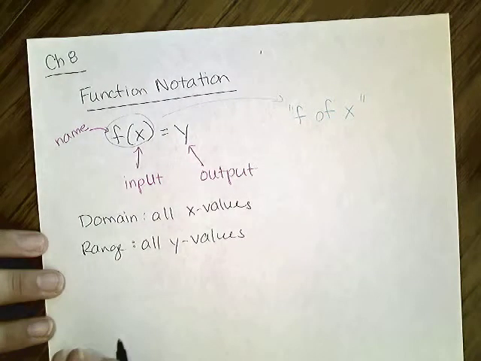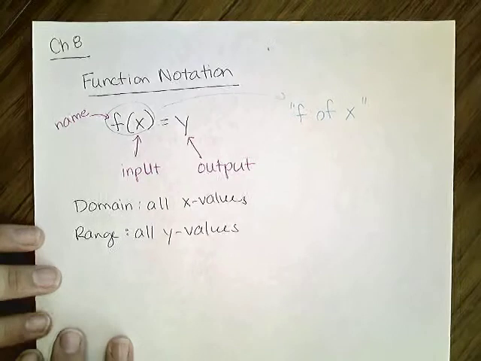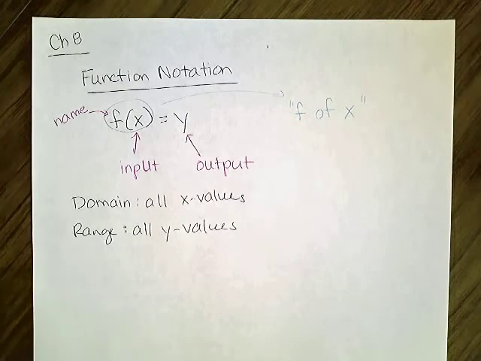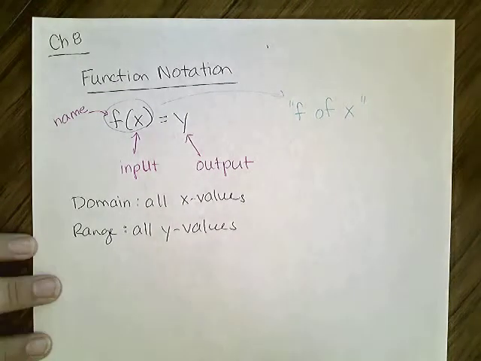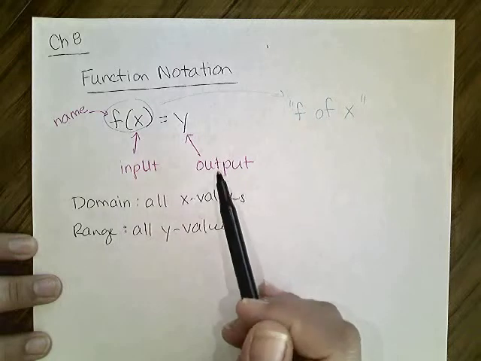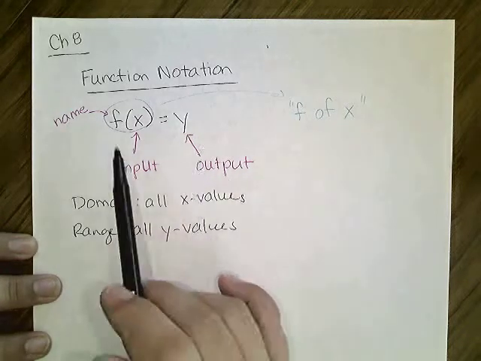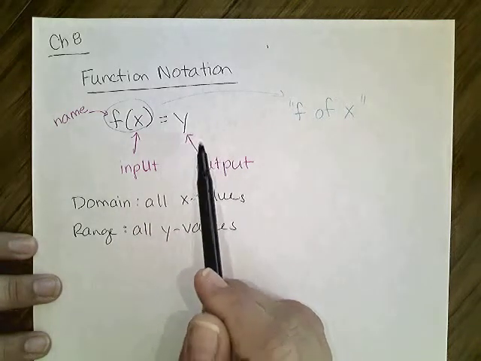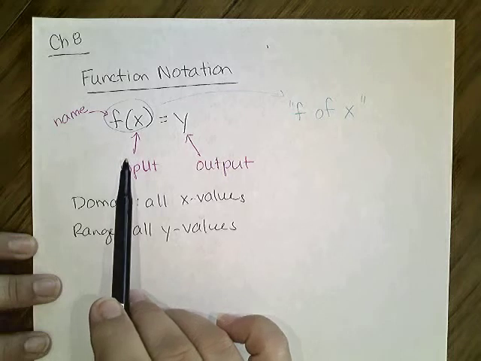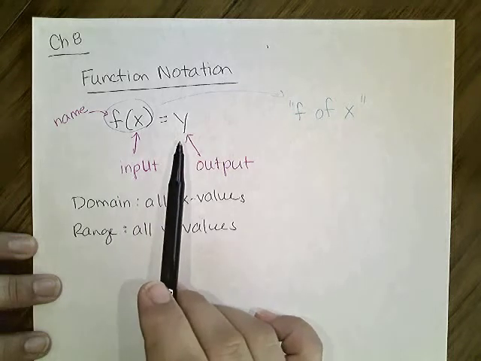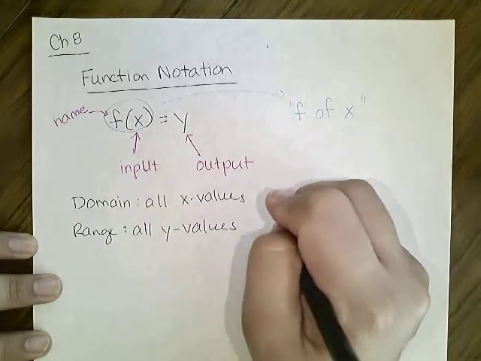Okay. Now, along with these, you also have this idea of an independent versus a dependent variable. If we look at our input versus our output, the output will depend on whatever is input into the machine. So that makes the y the dependent variable.